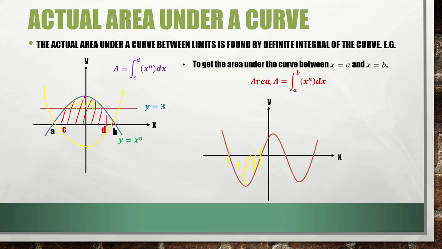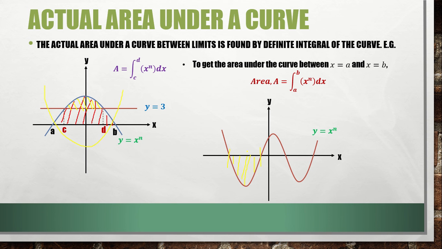So calculate this area that I've shaded in yellow. What will you do? You integrate the equation of that particular curve from this point to that point, and the answer that you'll get, you'll be surprised, it will be negative.